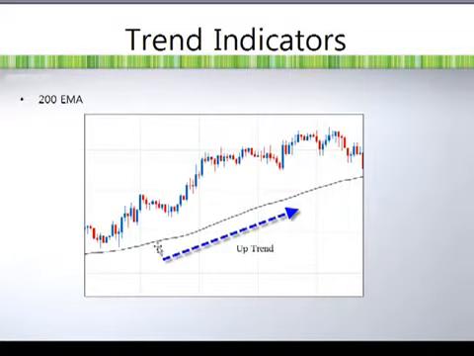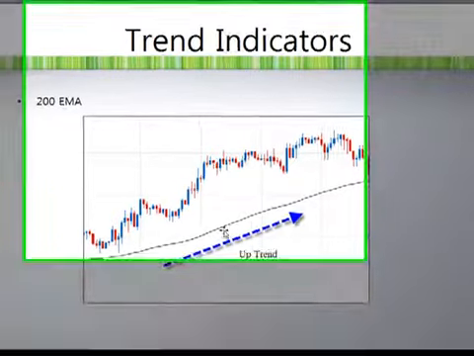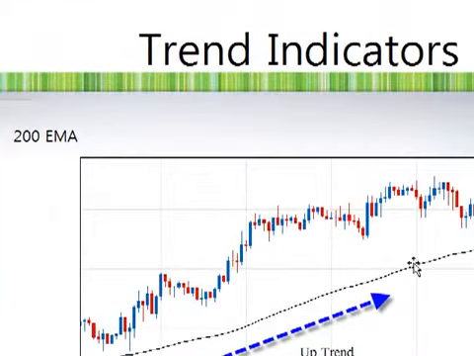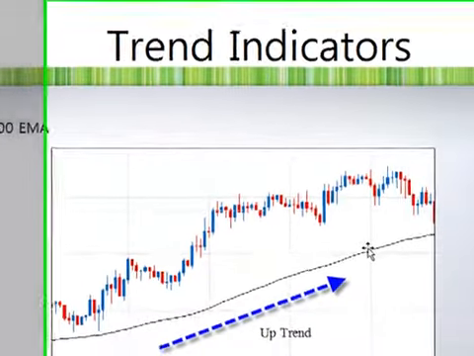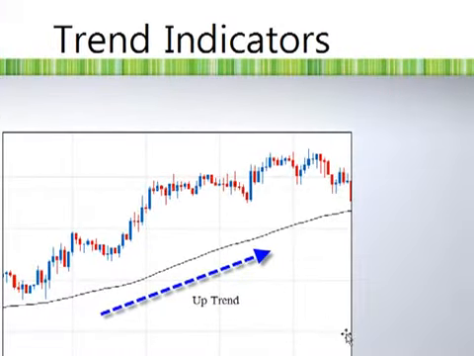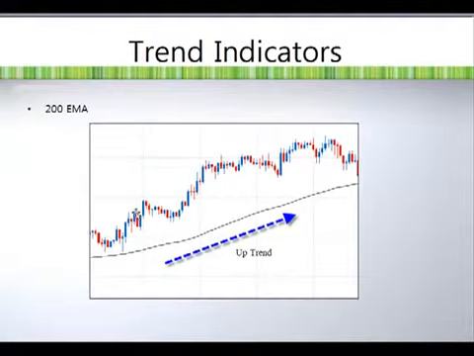When you have the 200 EMA sloping upwards with good gradient, this is a very good uptrend. When it's sloping downwards with a good gradient, it is telling you that the market is currently at a very strong downtrend. However, when you see this 200 EMA flat, somehow horizontal or with a very gentle gradient, it tells you that the price is currently ranging, moving in a consolidation manner.